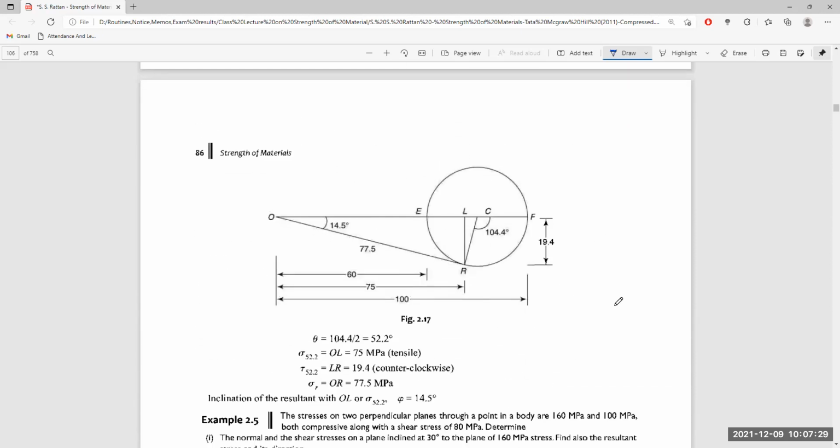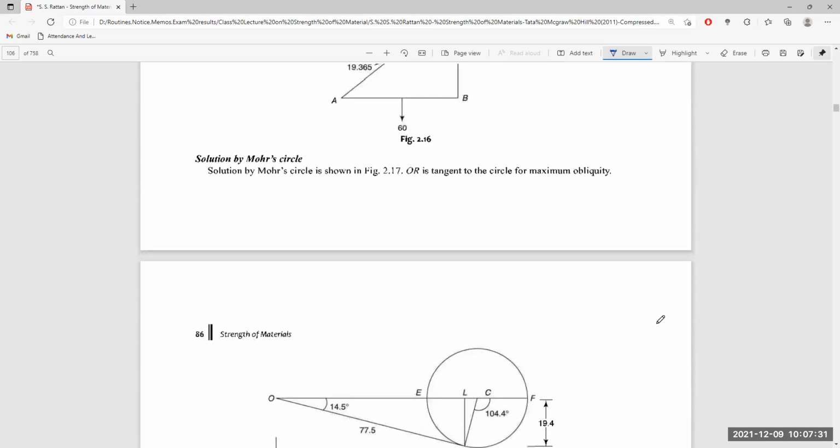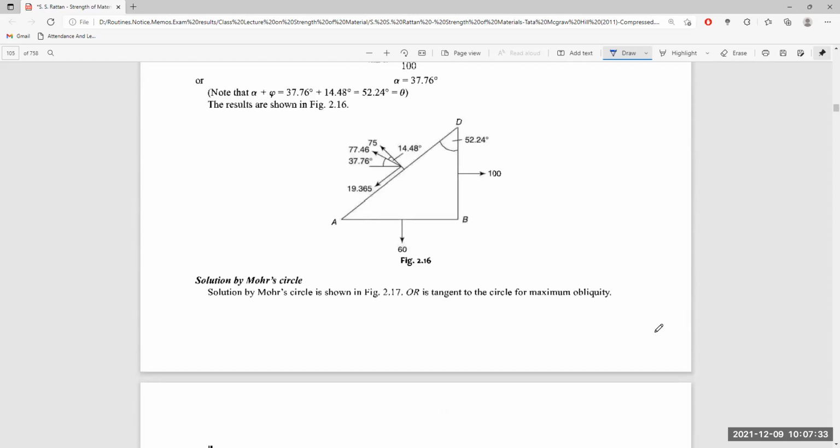Now, the question is, if you want to solve it by Mohr's circle, what will we do? So what is given here? This is the triangle of unit thickness, and the face BD is the face normal to the central longitudinal axis.